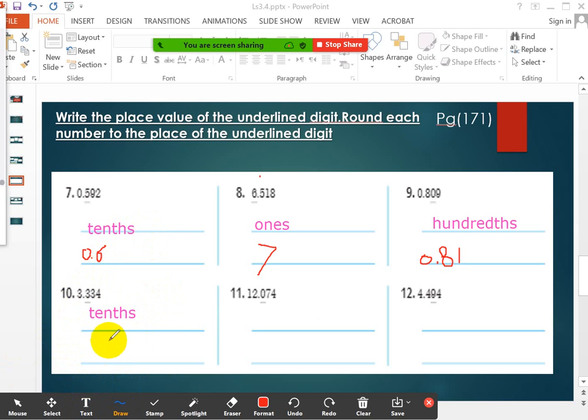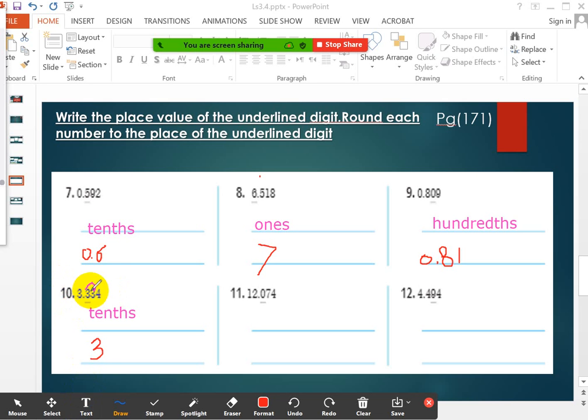Look, this is the tens. I have 3 before the tens. 3 is less than 5. That means I will keep the same number in the tens, right? 3. And the digit before it will be 0.